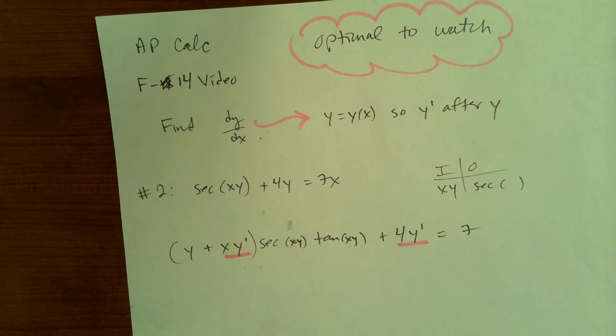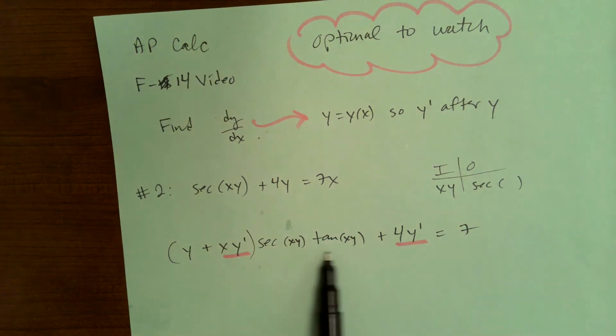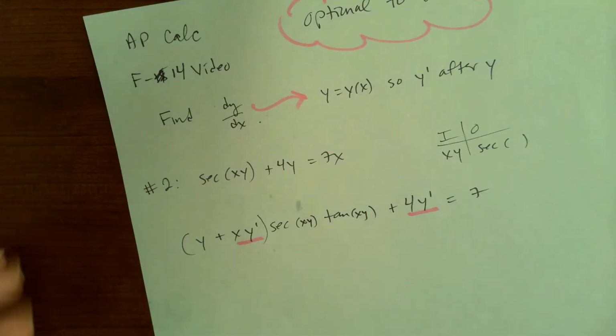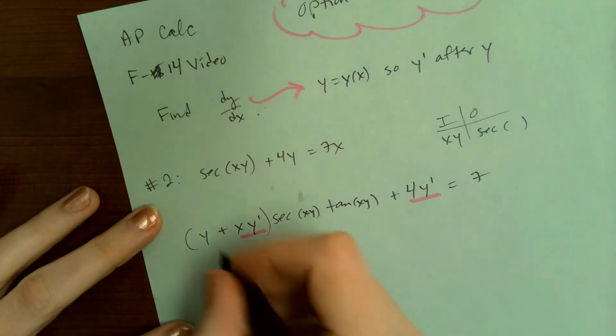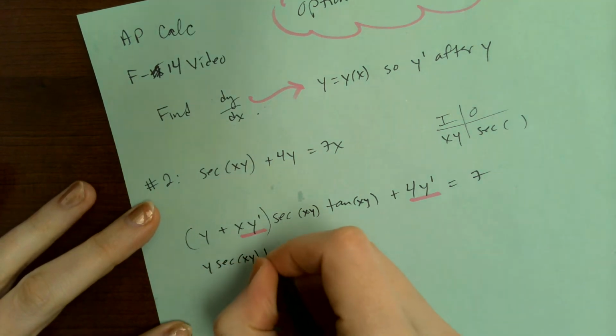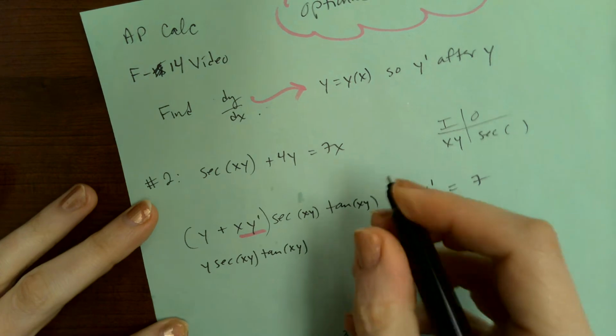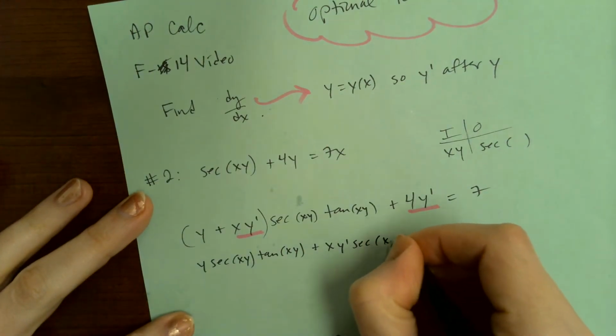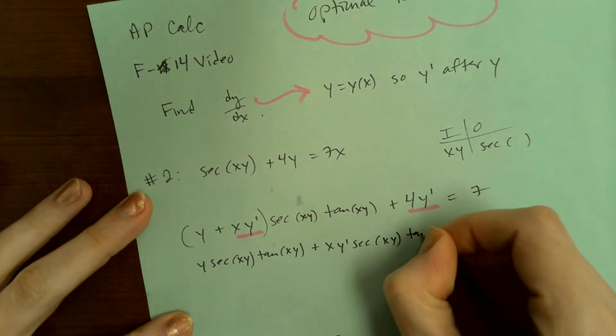The easiest way to do this is to distribute the secant tangent inside of these parentheses. So you end up with y secant xy plus xy prime secant xy.